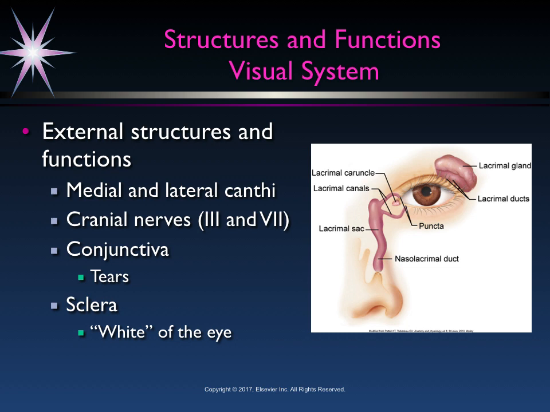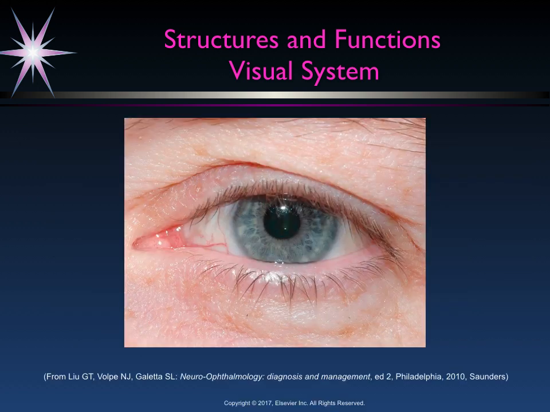The sclera comprises collagen fibers that are meshed together to form an opaque structure, and is commonly referred to as the white of our eyes, and it forms a tough shell that helps protect the intraocular structures. The iris is what produces the color of our eyes.